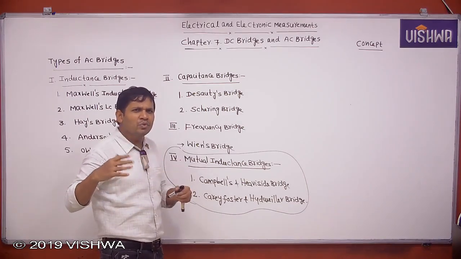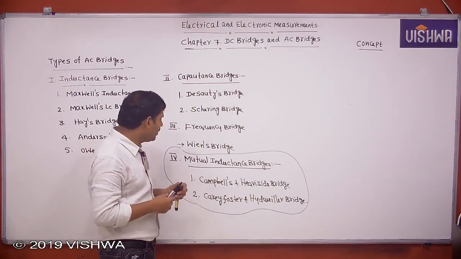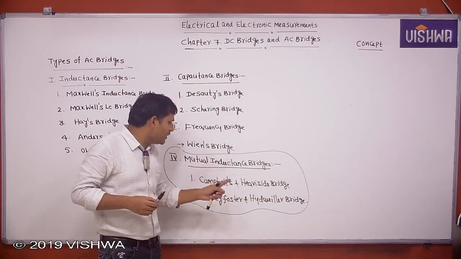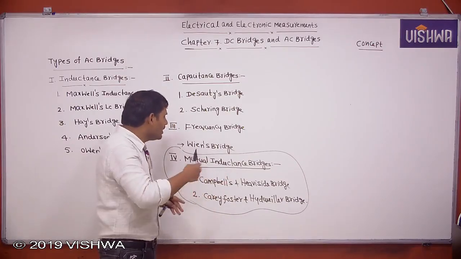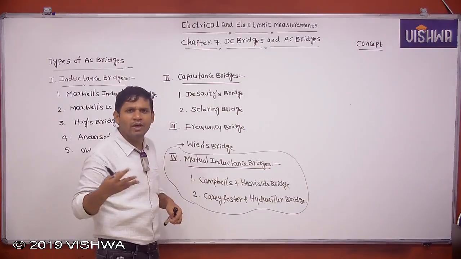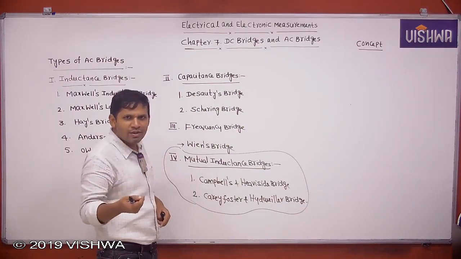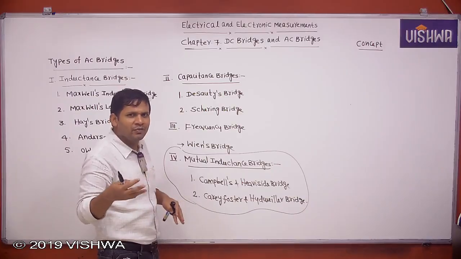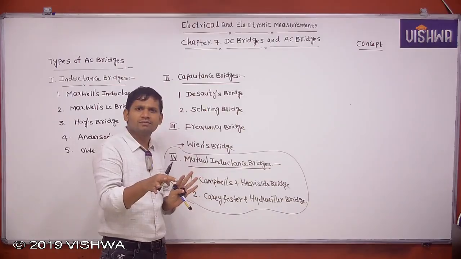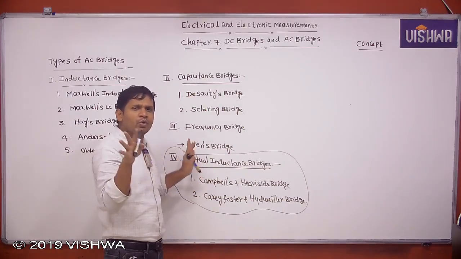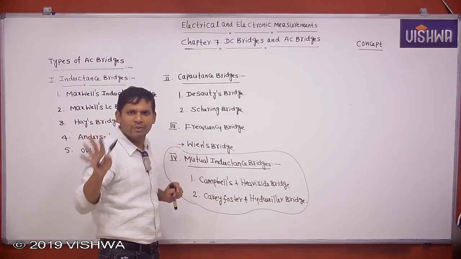But you can't always expect that, because in developing the mutual inductance bridge, Campbell's and Heaviside combined to develop one bridge, and separately they also developed one mutual inductance bridge. Sometimes we may expect a single name also. That's why, to eliminate that confusion, I am telling you to remember only the mutual inductance bridges. Then we can easily identify them because you know those bridges.